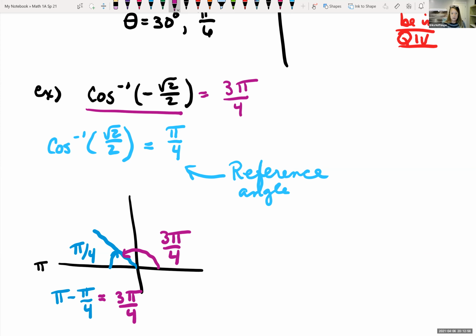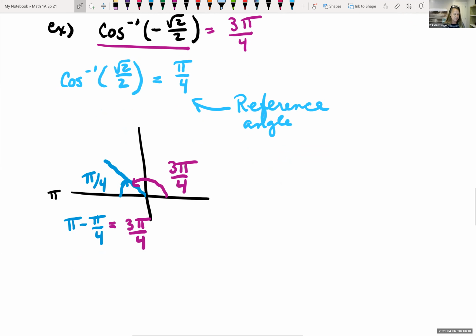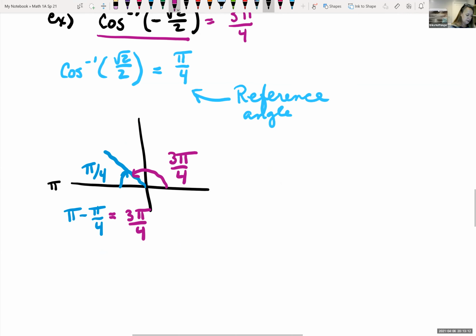Okay, so some of your homework is just a review of inverse trig functions, finding that. And here's another little bit of review before we go and prove how to find the derivative of your inverse trig functions. So let's say you had the following.